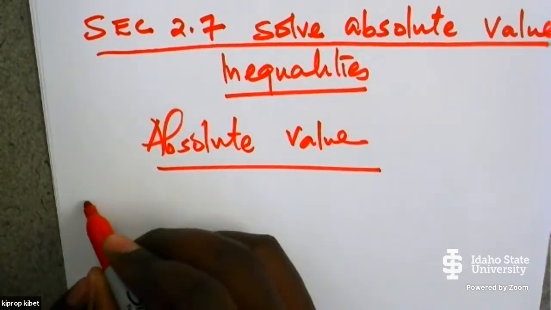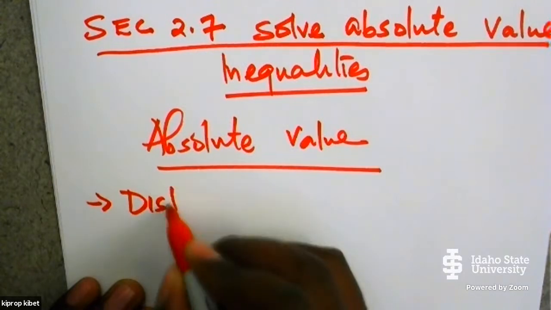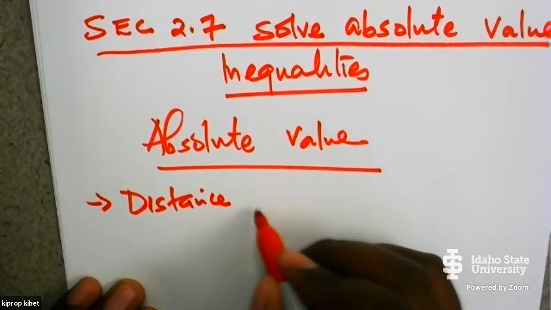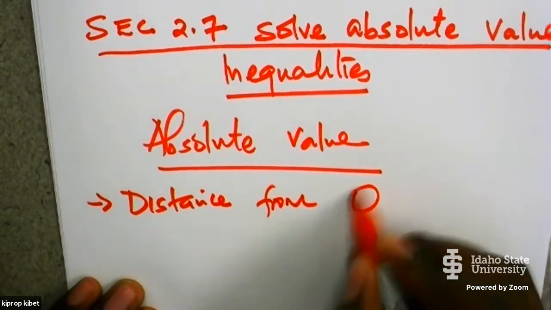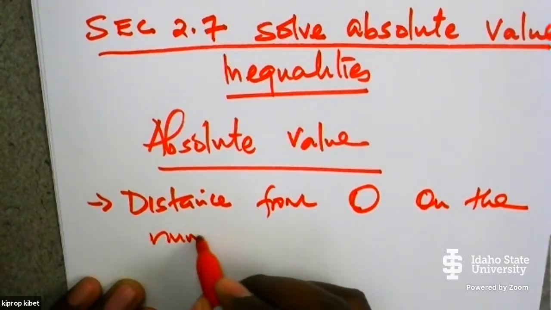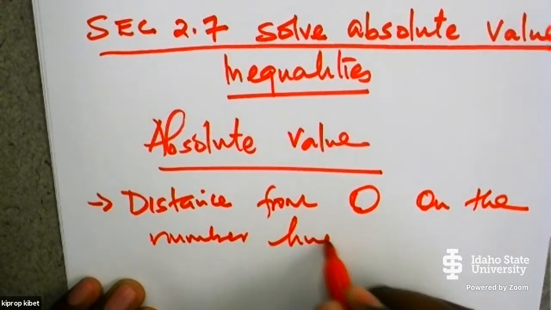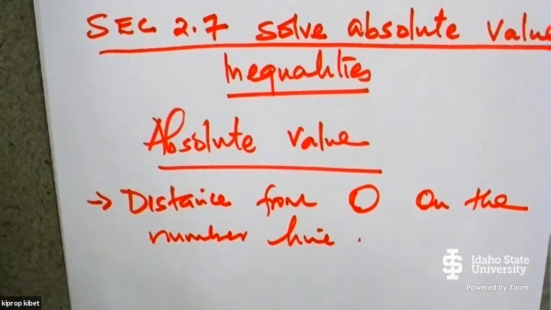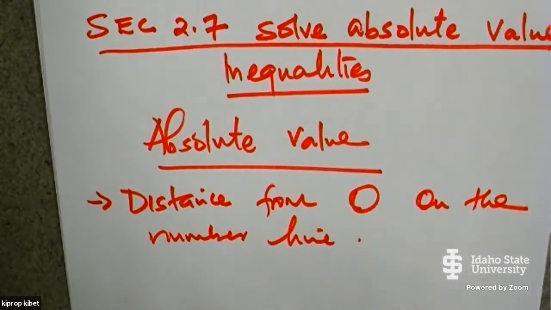So the absolute value is a distance from 0 on the number. So that is the distance from 0 on the number.